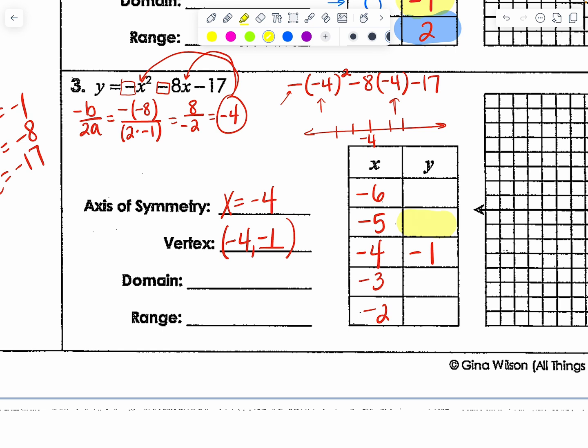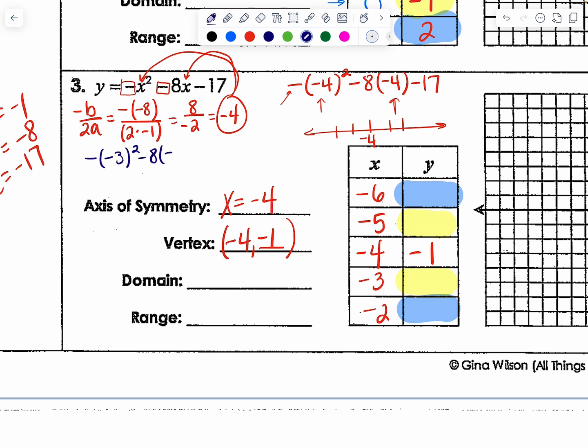Now remember what we said: these x values are going to be the same, and then these y values are going to be the same. So I only have to input 2 of the numbers in order to figure out all of these points. I'm going to just do -3 and -2, just a preference. You could have picked -6 and -5. It doesn't matter.